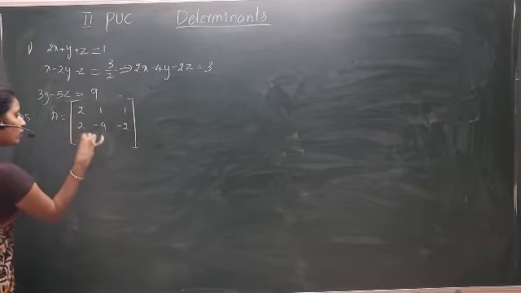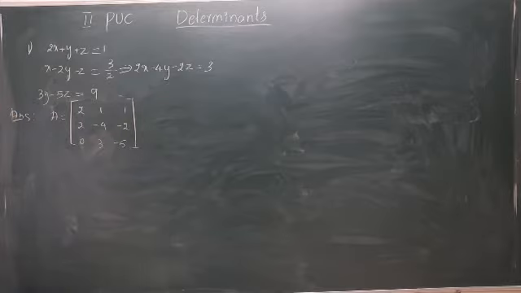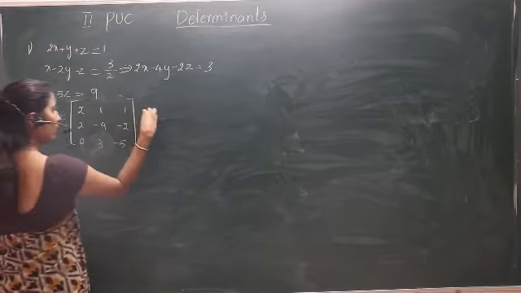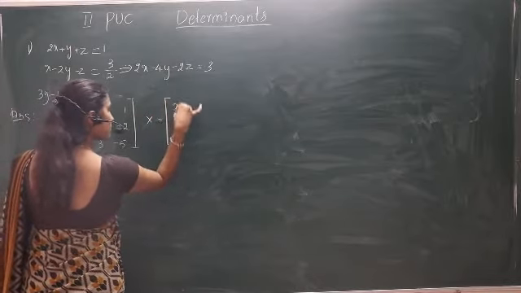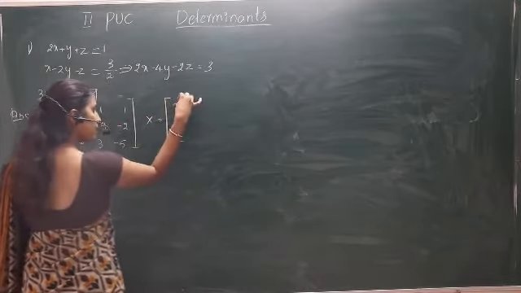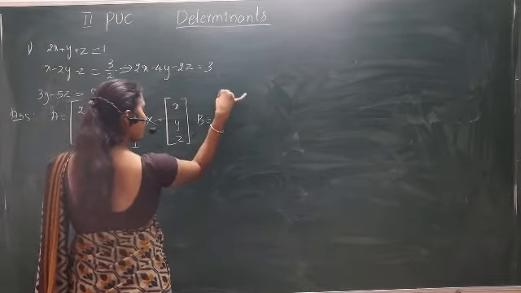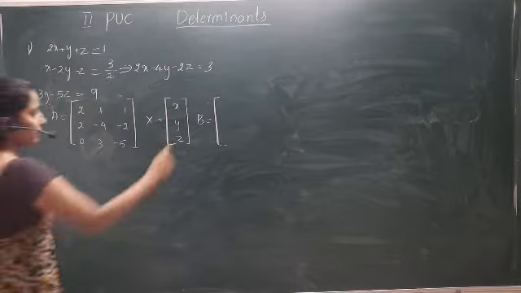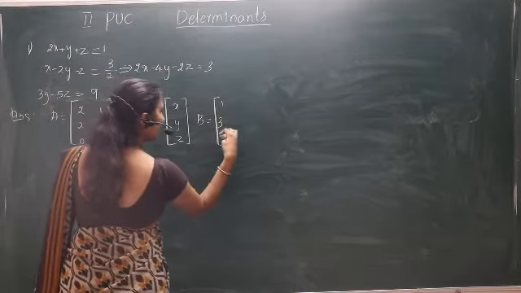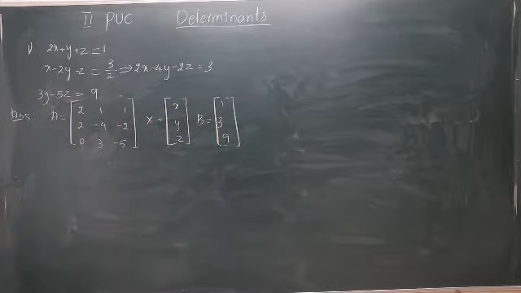So 0, 3 and minus 5. Then matrix X is x, y and z, and B is the constants 1, 3 and 9. So this is A, X and B.